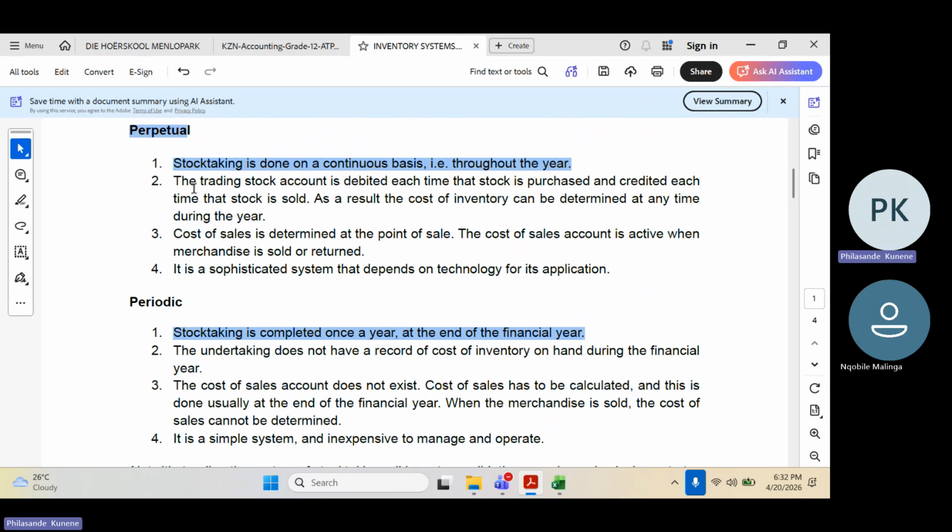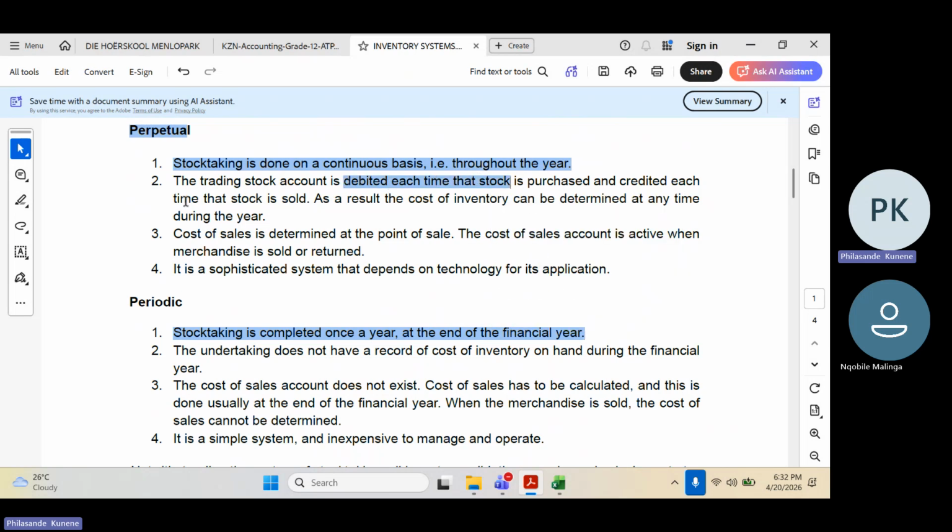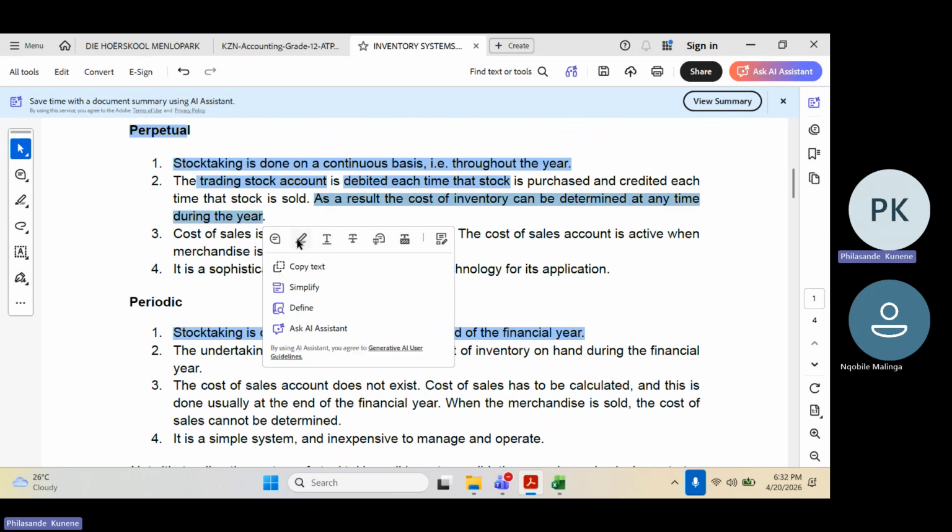Number two, the trading stock account is debited each time that stock is purchased and credited each time that stock is sold, right? The trading stock account is debited, which means they debit inventory whenever they're buying stock. They debit the trading stock and they credit what? Whenever stock is sold, they're crediting that trading stock account. As a result, the cost of inventory can be determined at any time during the year.